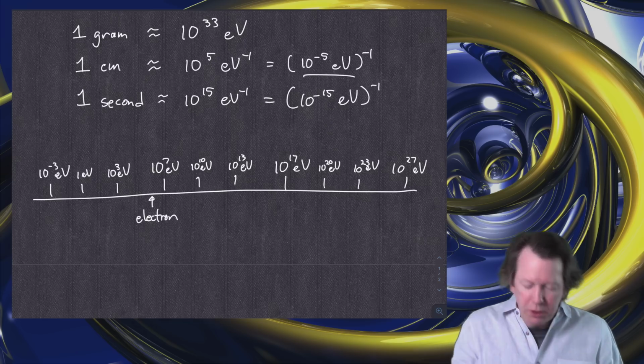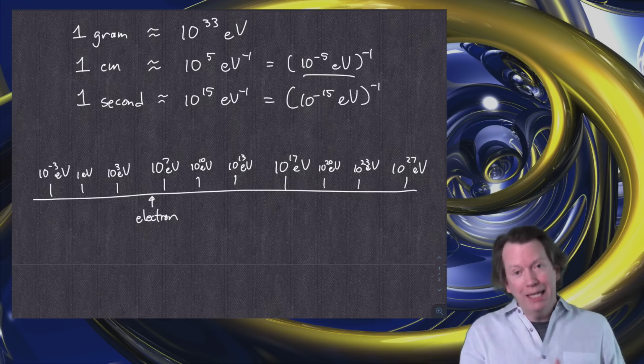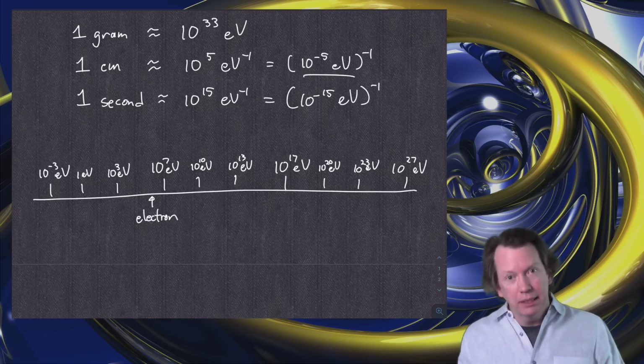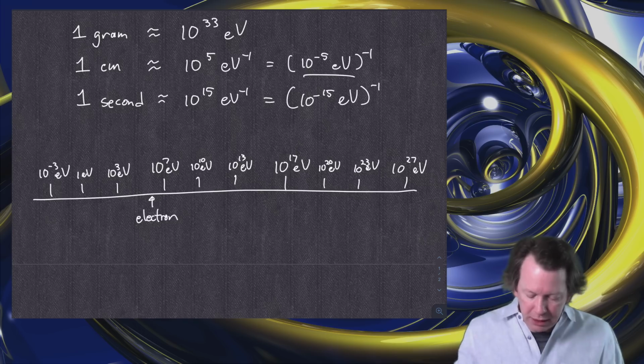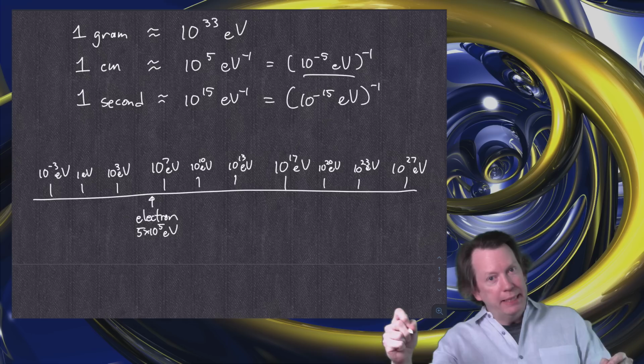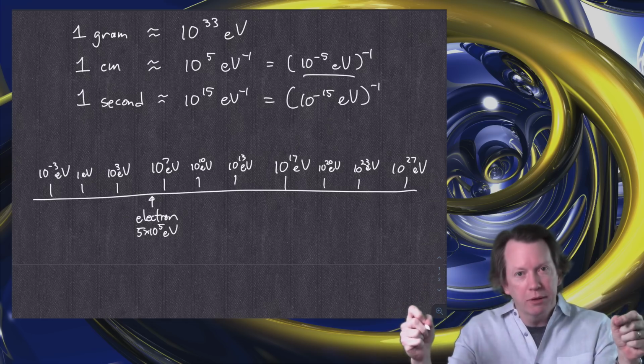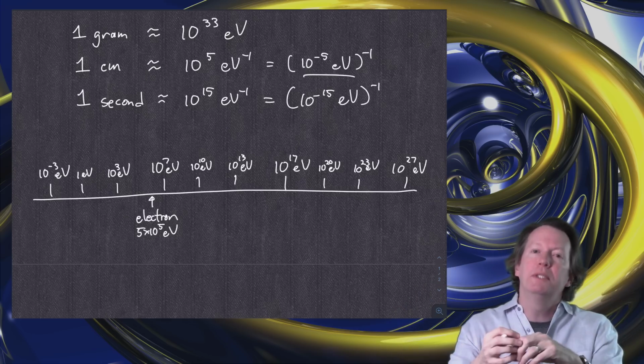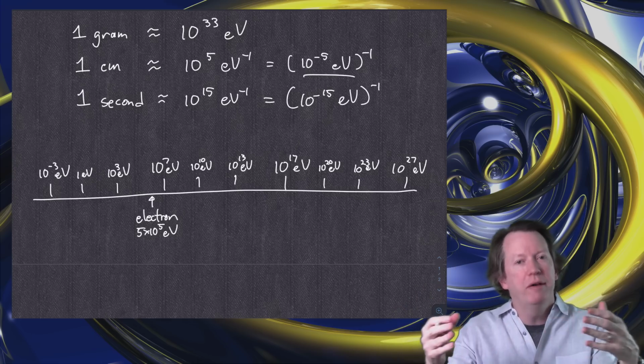So what I'm going to do here to start is convert masses into energies and just tell you where the mass scales are. And then we'll talk about some real energies later. So this is 5 times 10 to the 5 electron volts. A capital MeV is a million electron volts, mega electron volts. You will often see the electron mass written as 0.5 MeV.